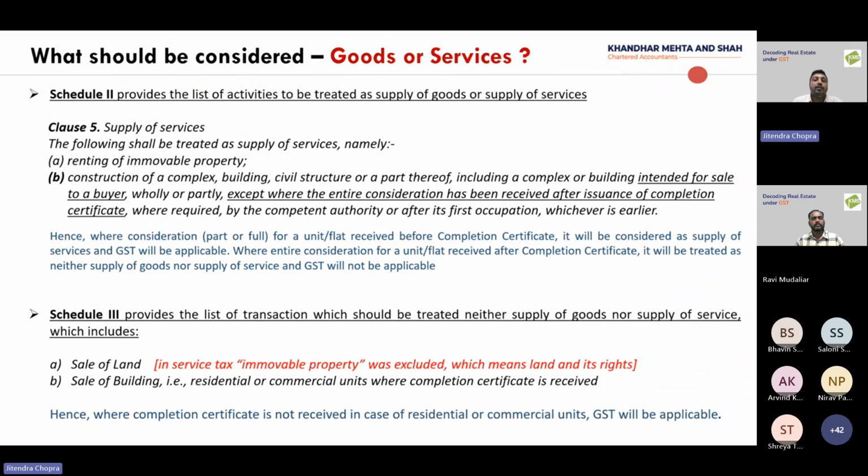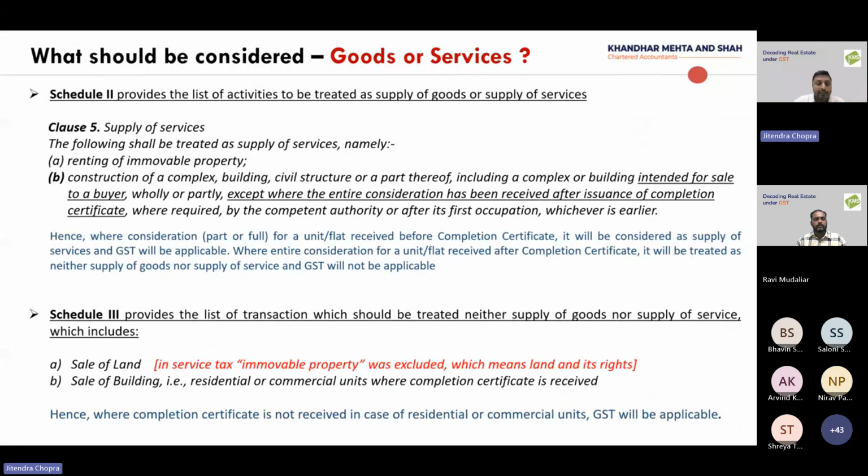Now, this is one of the most important foundation slides for understanding GST on real estate. Before discussing rates, TDR or redevelopment, first we need to identify whether the transaction itself is taxable as goods, service, or completely outside GST. Practically, most real estate transactions finally fall either under construction service under Schedule 2 or sale of land and building under Schedule 3.